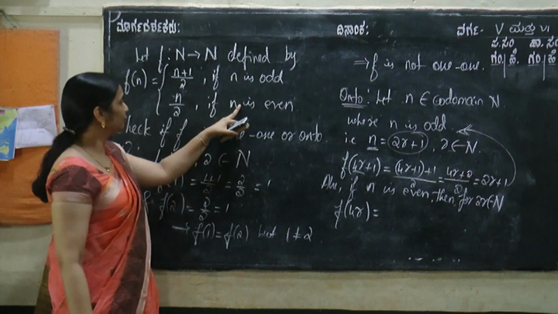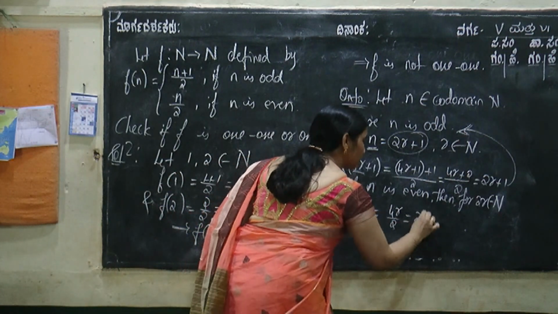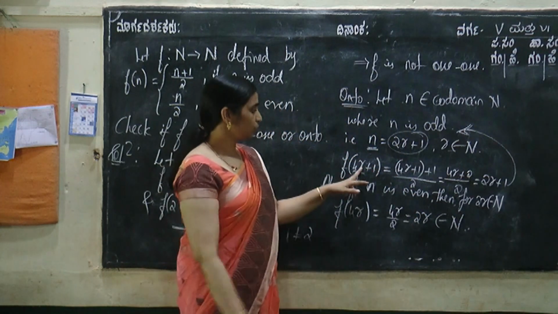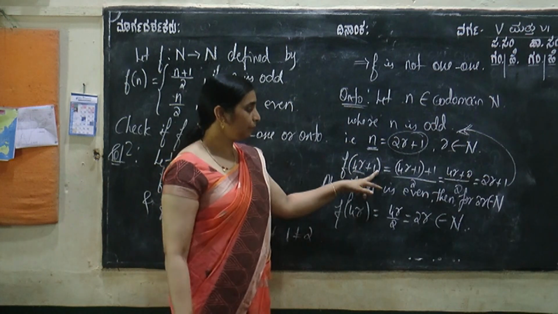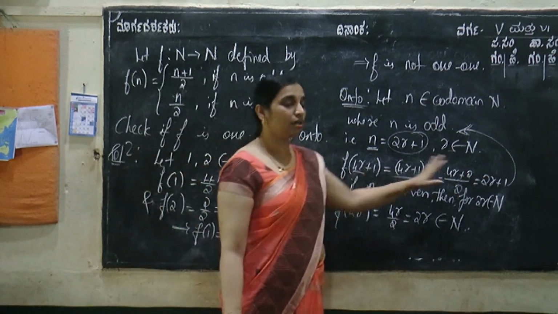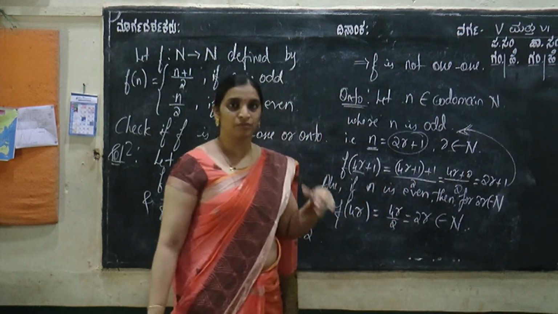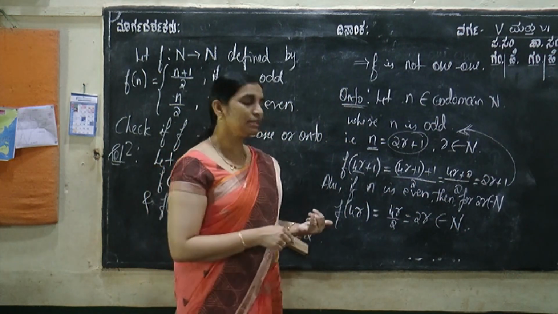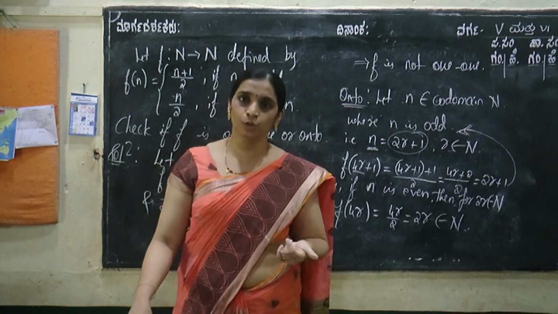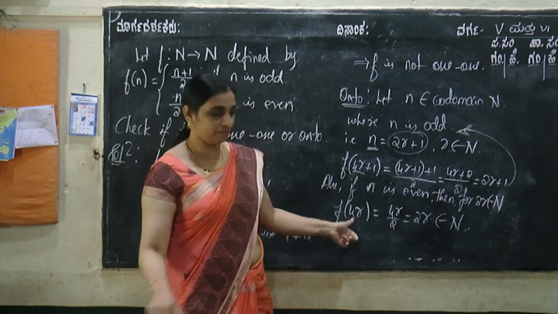So when the number is even, we will use the definition n by 2, that is 4r by 2, which is equal to 2r, belongs to the domain. So whenever we take an odd number or even number in the domain, there exists an image in codomain. Or conversely, we may also say for each and every random element in codomain, there exists a pre-image in domain.